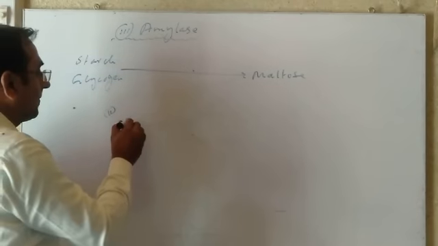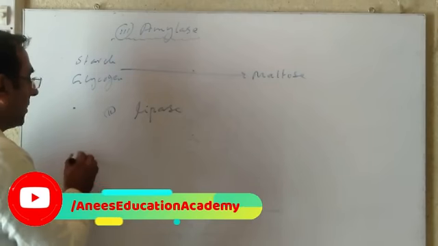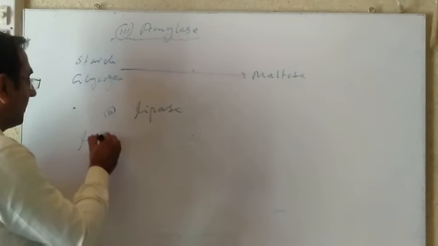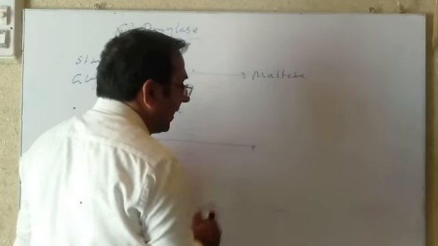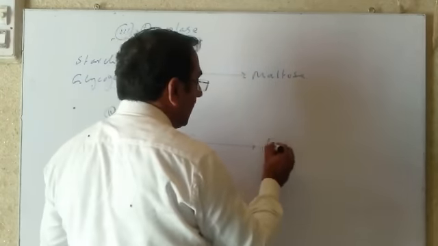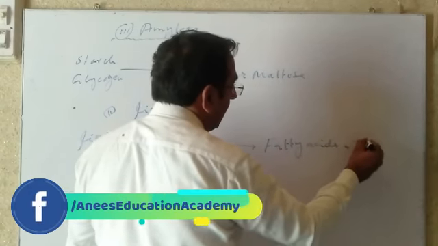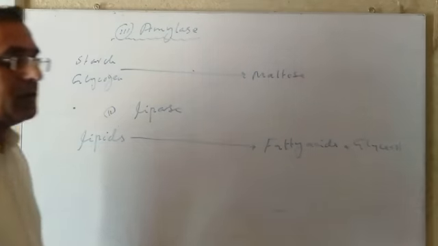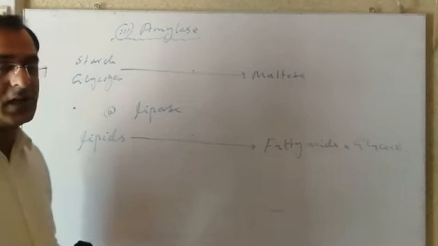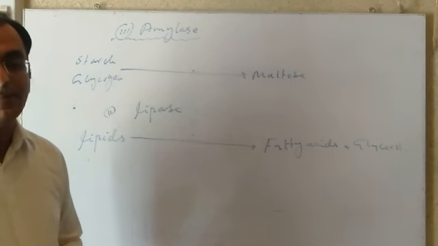Another enzyme is lipase, which acts on lipids, and lipids are digested into fatty acids and glycerol. In this way, these four enzymes digest the food substances from the pancreas, in the duodenum.